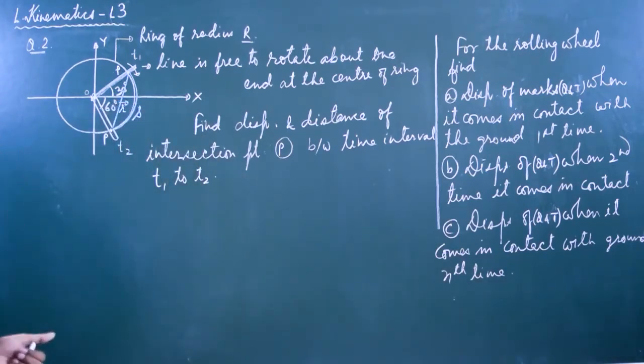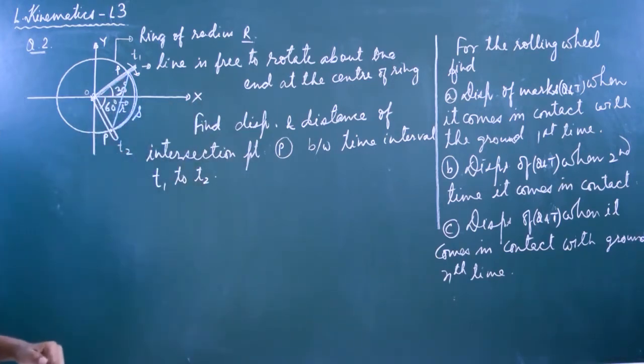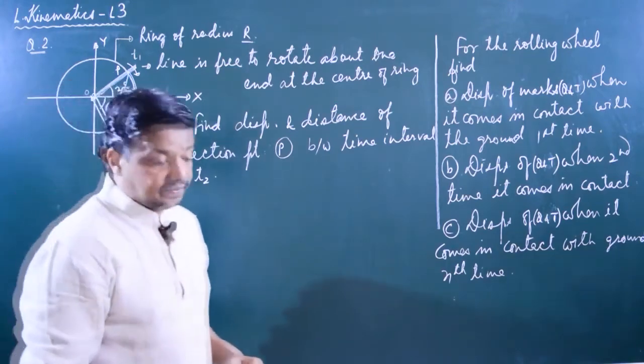If we get the initial and final coordinates of the intersection point P, then we may easily find the value of the displacement.